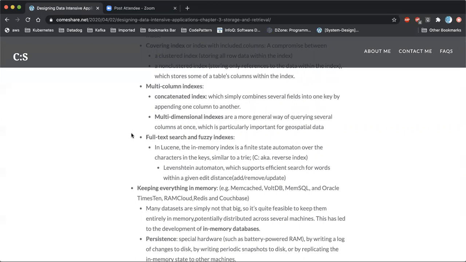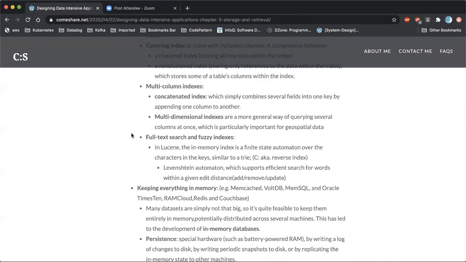He gave an example where you have longitude and latitude as two different columns, and you need to query for a position, which is a combination of latitude and longitude. So indexing based on these multi-dimensional values.